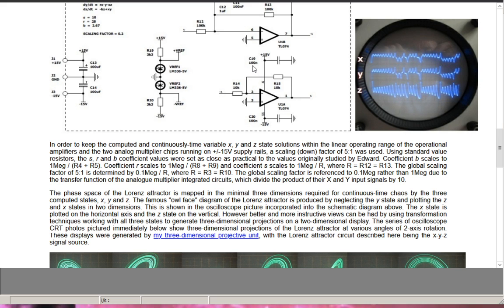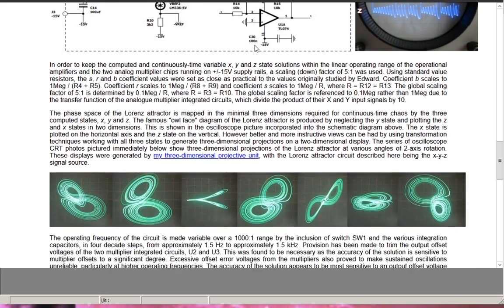The phase space of the Lorenz attractor is mapped in the minimal 3 dimensions required for continuous time chaos by the 3 computed states, the famous L space produced by neglecting the Y state and plotting the Z and X states in 2 dimensions.